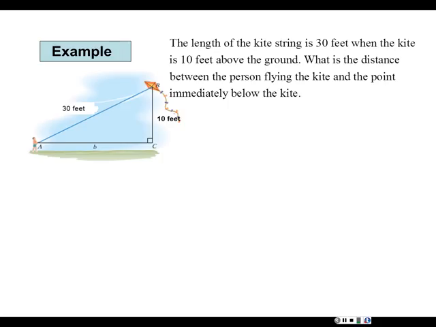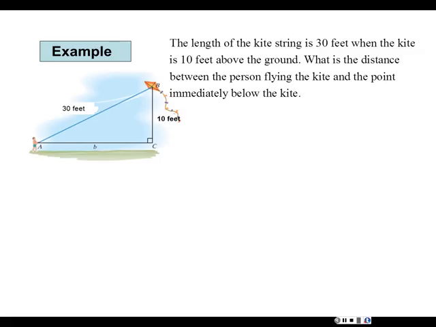In the next problem, the length of a kite string. Somebody is flying the kite, so its kite string is 30 feet, and the kite is 10 feet above the ground. Here the kite string is the blue line, which is technically the hypotenuse of your right angle, and the height of the kite is 10 feet. What is the distance between the person flying the kite and the point immediately below the kite?